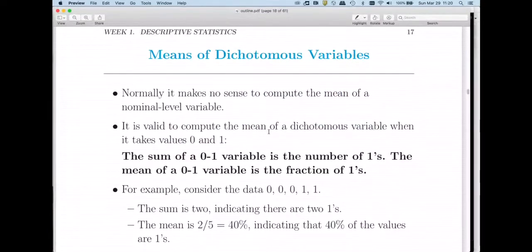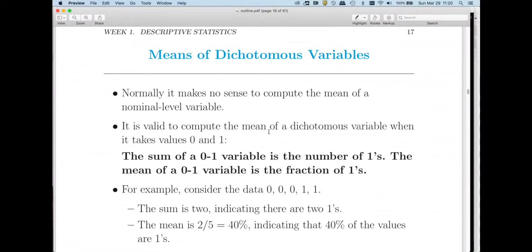This is something that I want to mention. I hope it's obvious to everyone, but it should just be pointed out. So ordinarily, it makes no sense to compute the mean of a nominal variable. Nominal is a categorical variable.